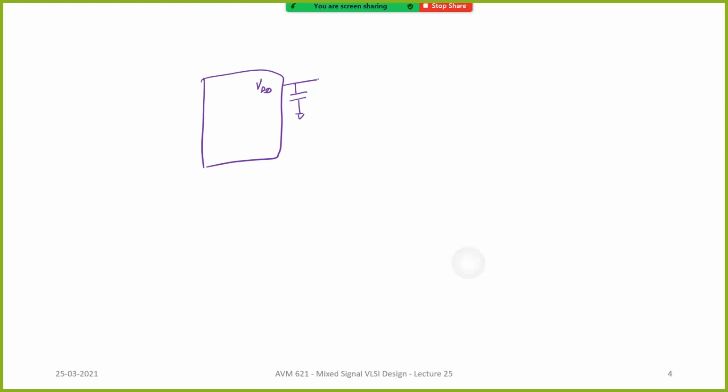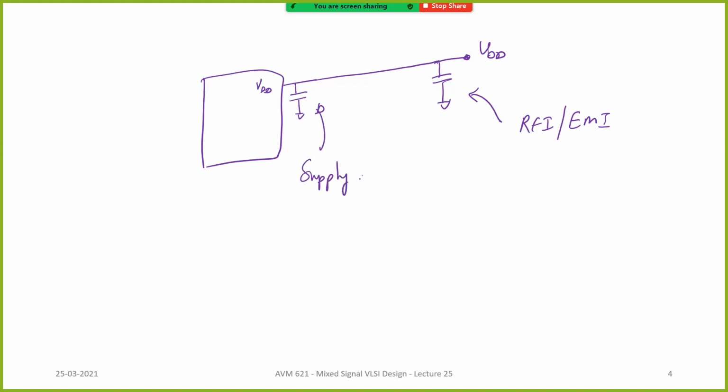And then you will have one more capacitance close to the actual supply pin. So this is basically to take care of RFI, EMI, and this is basically a supply decoupling cap.